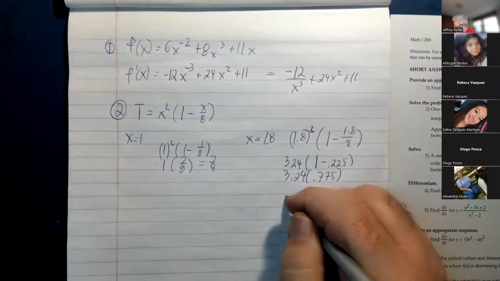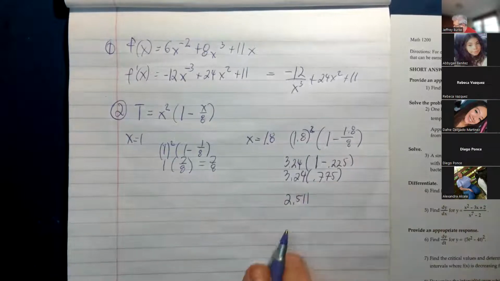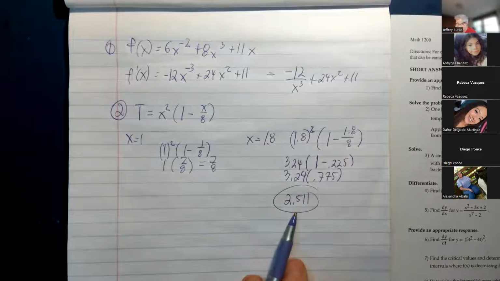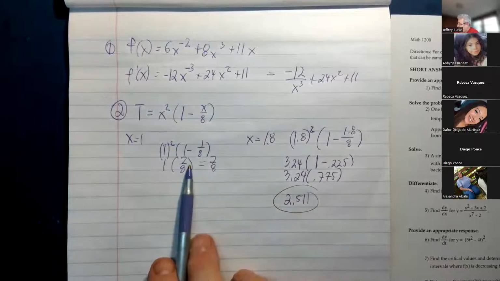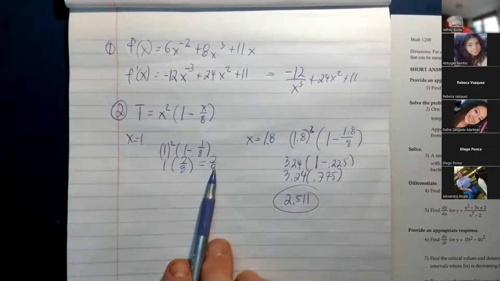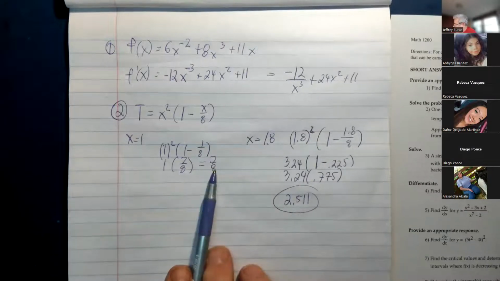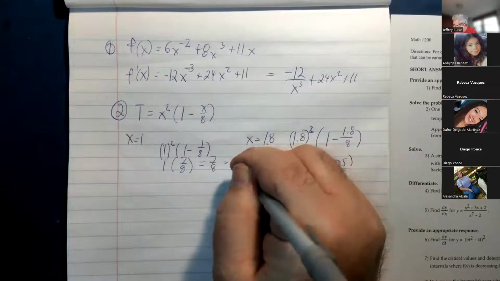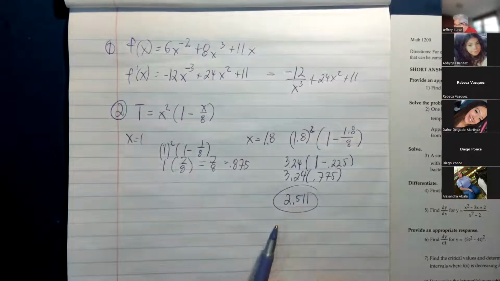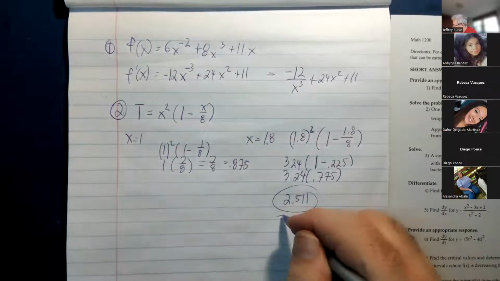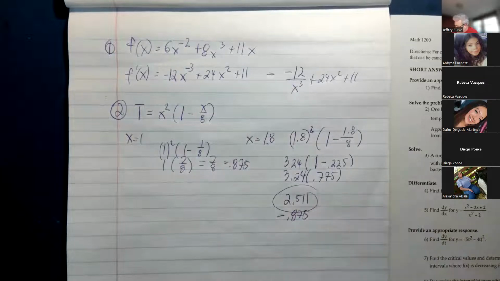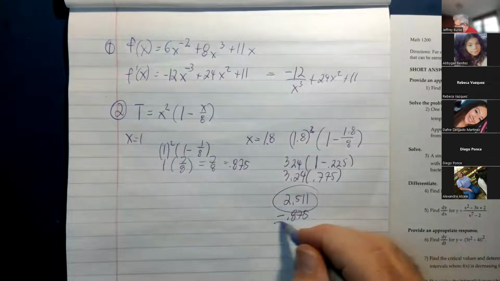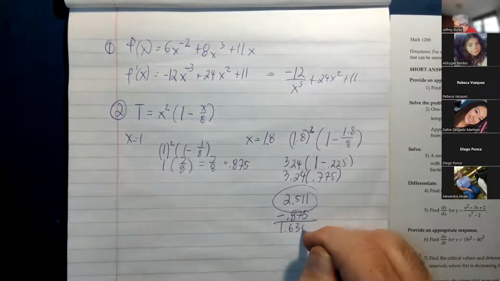And this one turns out to be 2.511. So here I get 2.511 change in body temperature. Here I only get 7/8. So at 1 milligram, it's only 7/8, which is equal to 0.875. So if I take 2.511 and I subtract 0.875 from that, the difference produced is going to be 1.636.